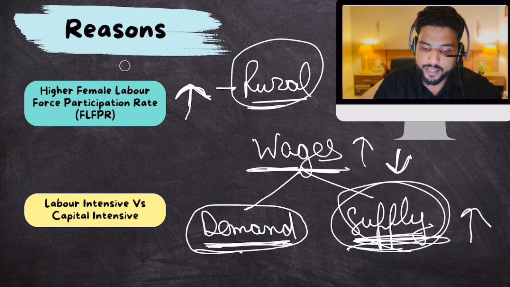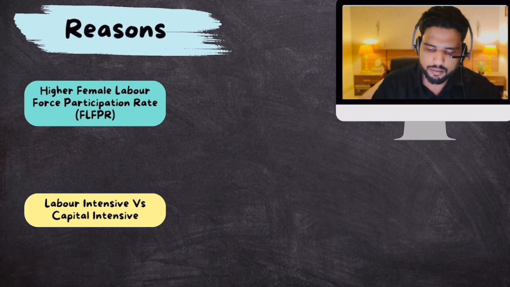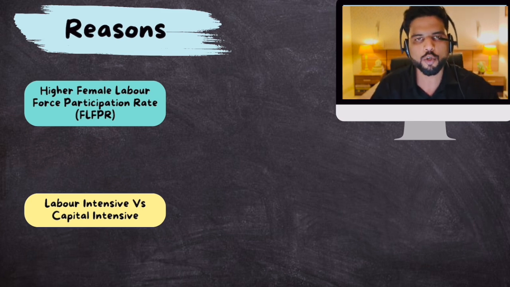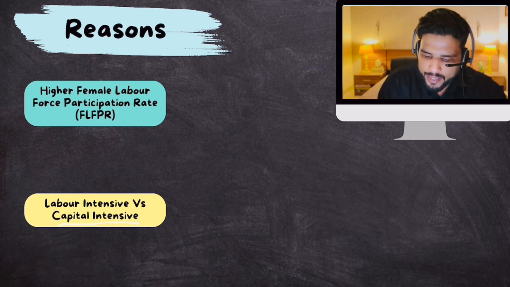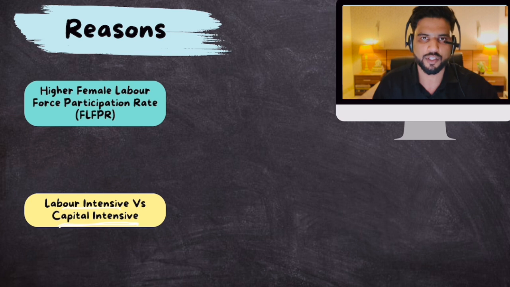Now let's talk about reason number two. See, the newspaper article started with the fact that our growth is increasing, but rural wages are not increasing. Now, the reason behind this is that our growth is mostly driven by capital intensive industries as compared to labor intensive industries.